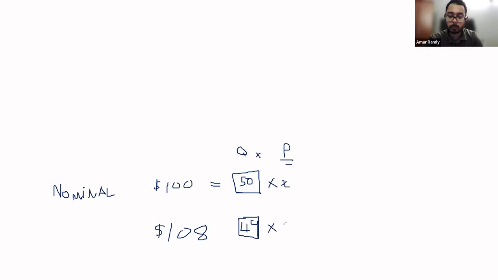So my question to you is, between year 1 and year 2, what do you think has happened to prices? Have they gone down? Have they stayed the same? Have they increased?